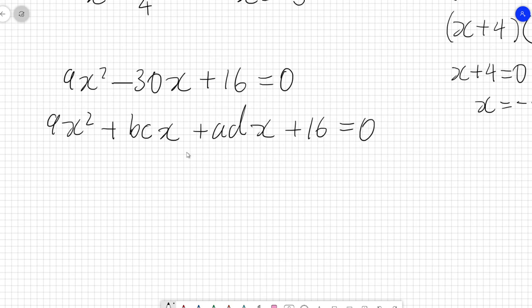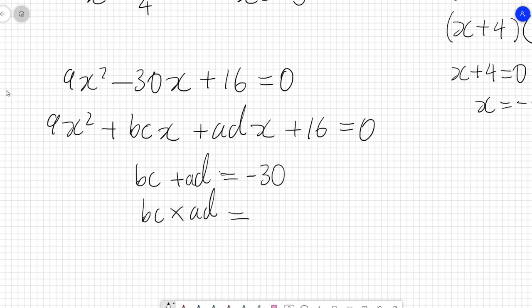So we want to once again look for two numbers where bc plus AD equals negative 30, because BC plus AD has to be negative 30, and simultaneously BC times AD should equal the first term times the last term, which is 9 times 16, which equals 144.